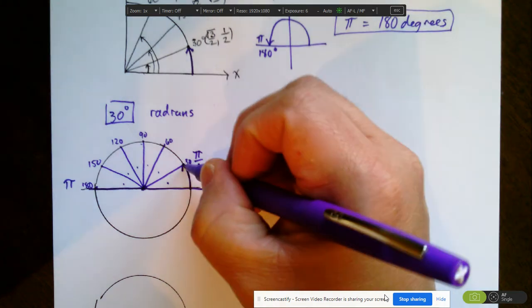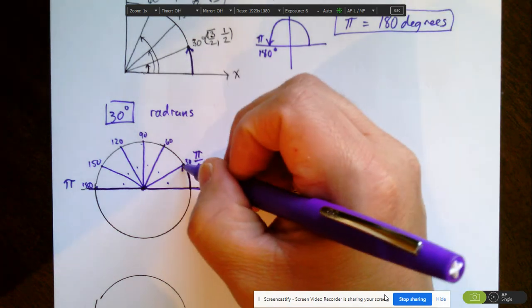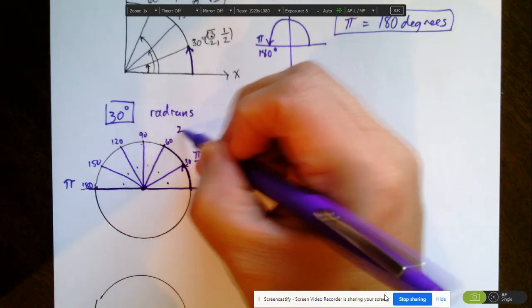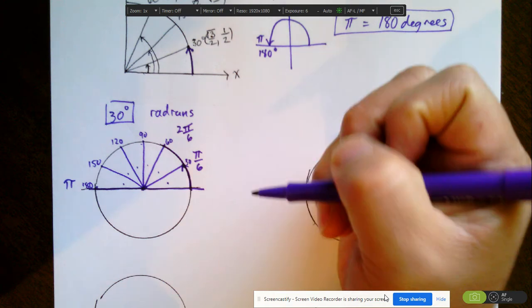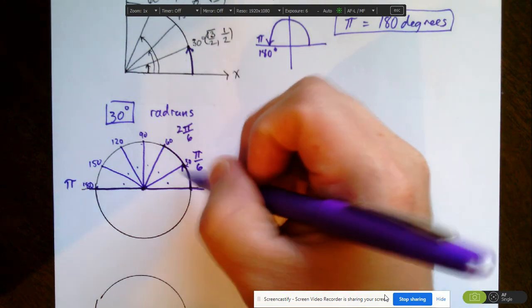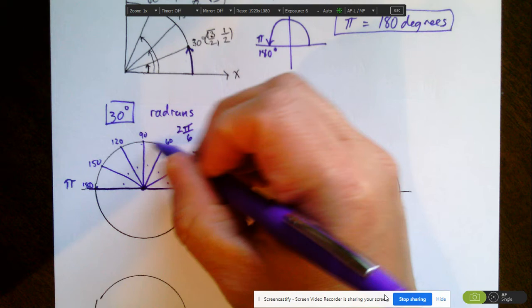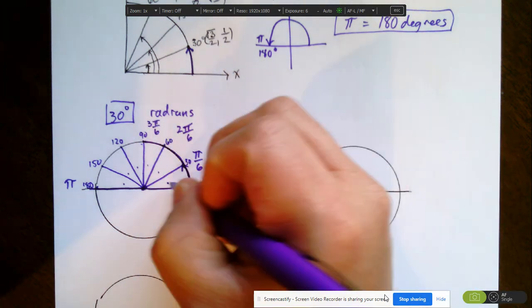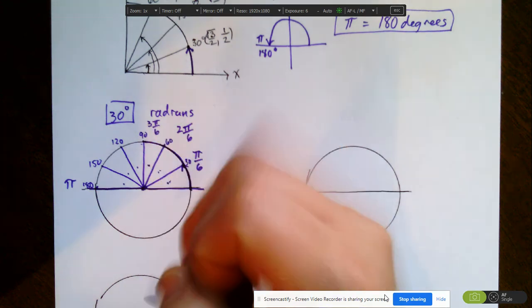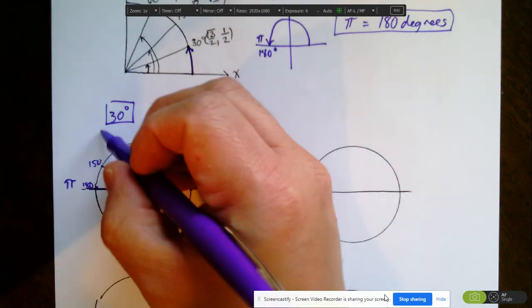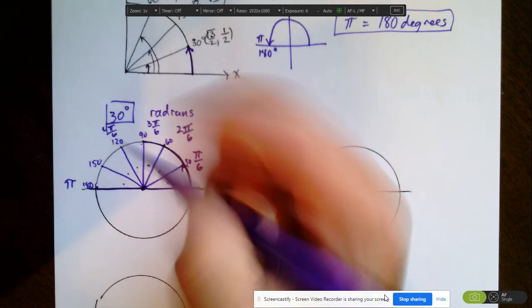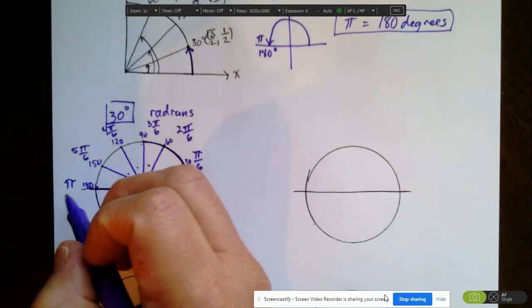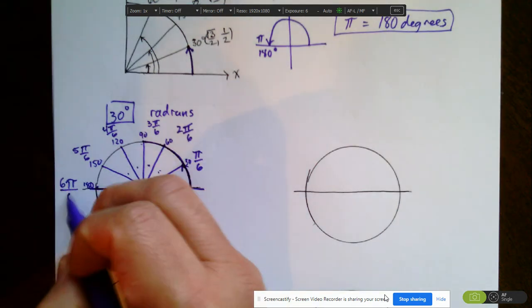So this distance here is 1 pi over 6. If we go this distance, now we're going 2 pi over 6, right? And if we go 3 distances, that's going to be 3 pi over 6. So we're really just counting 1, 2, 3. The next one is going to be 4 pi over 6, 5 pi over 6, and the last one is going to be 6 pi over 6.